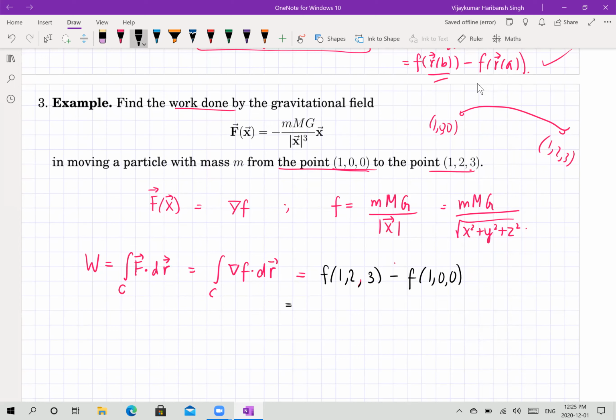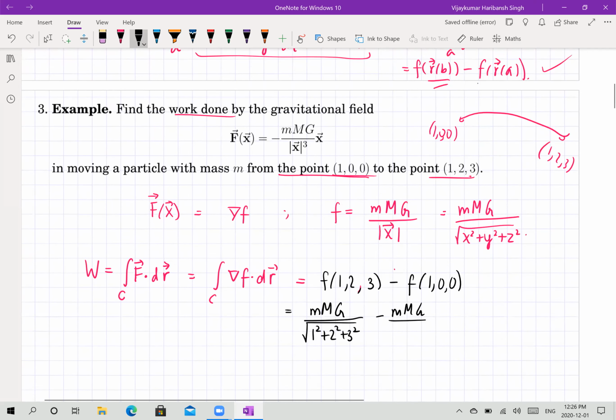So this is going to be mg upon the square root of 1 squared plus 2 squared plus 3 squared, minus mg over the square root of 1, which is 1. So this is what your work done is, all right?